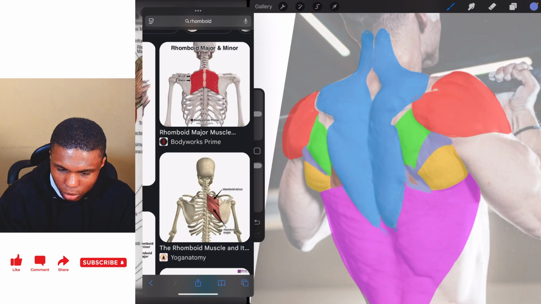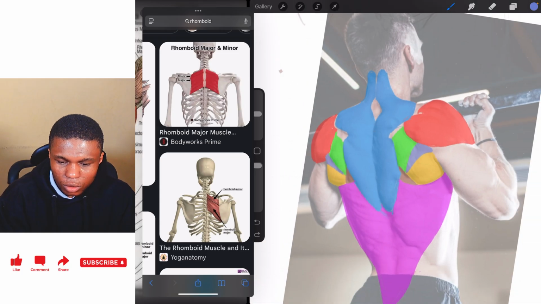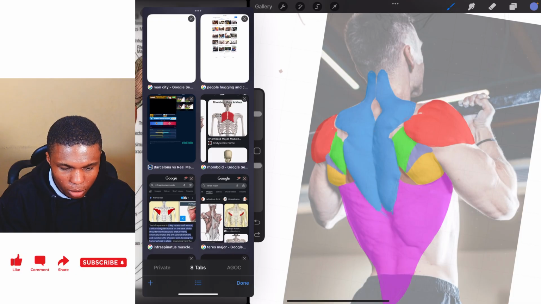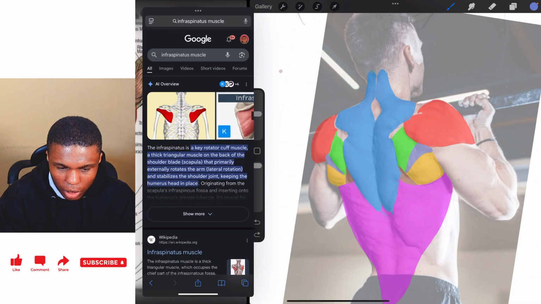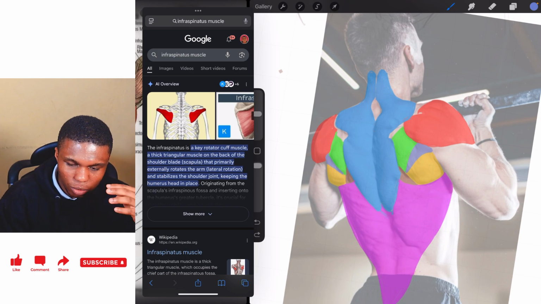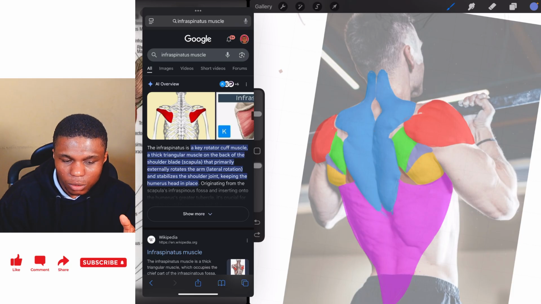So it's not telling the full story of the rhomboid, and because of the overlap of the infraspinatus, it's not telling the real story. Let me show you the infraspinatus, which is overlapped by the deltoid and the trapezius muscle. It's not telling the real story of the infraspinatus muscle itself.